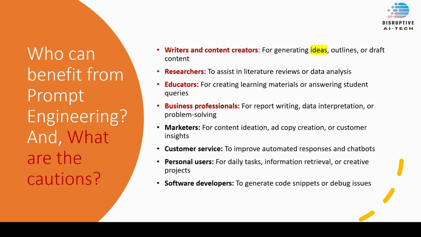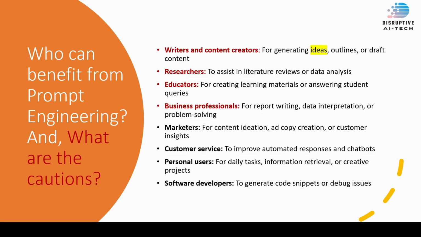If you see these 8 users I have written here, the first 4 are color coded as red. That means they have to be a little cautious while using the content from the AI system, while the bottom 4, though they have to be cautious, should not be much worried about how to use the content. And let me explain why.